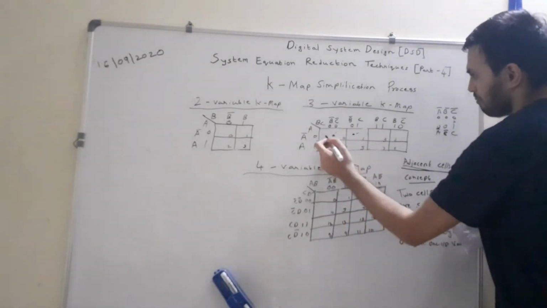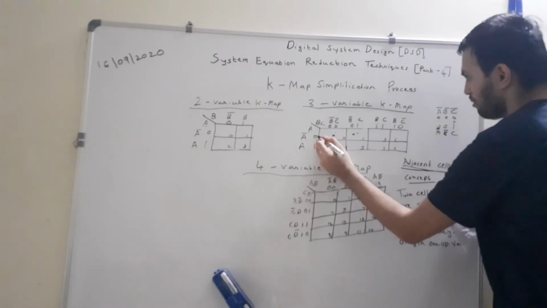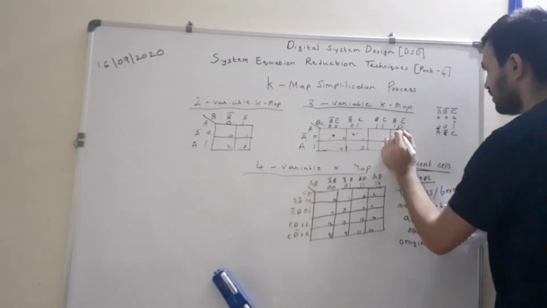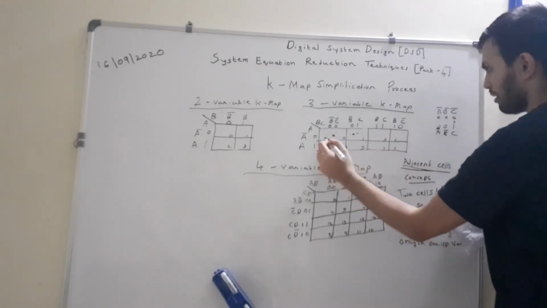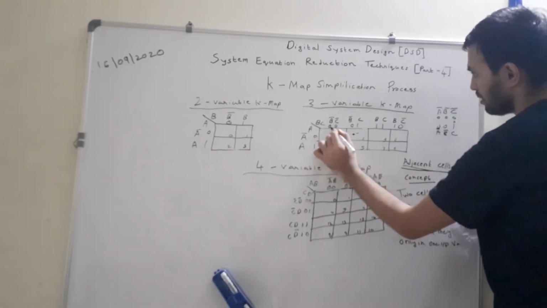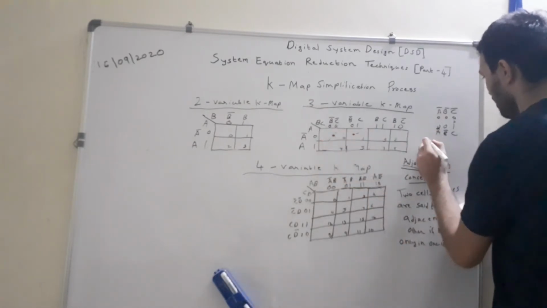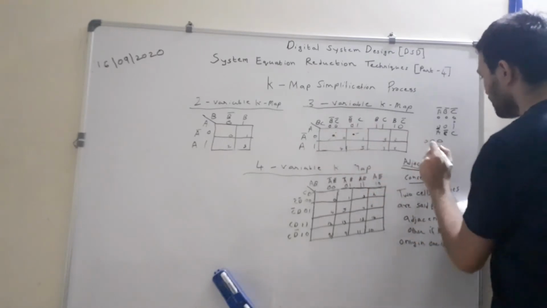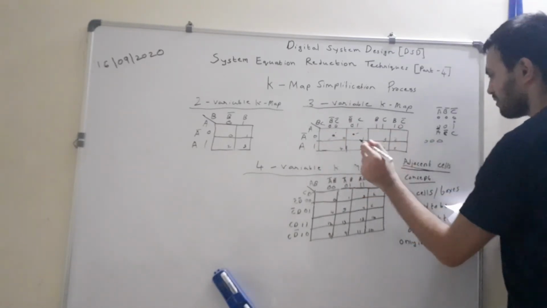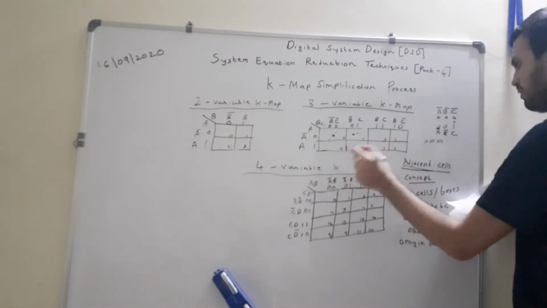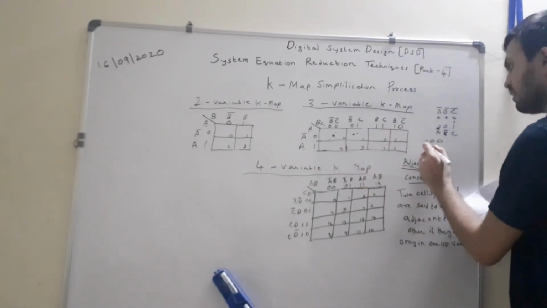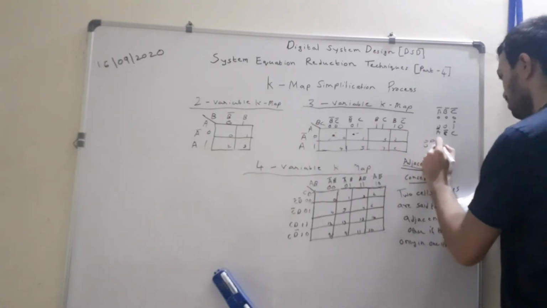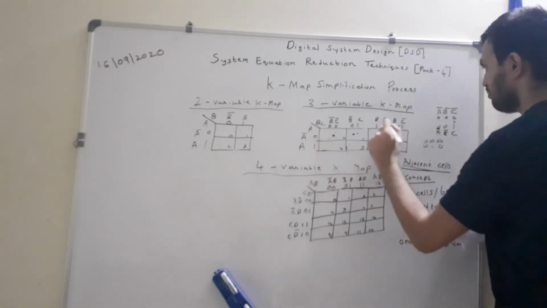Now let us compare other cells. We have 0, 0, 0, and then 0, 1, 0. I am talking about the same cell 0, 0, 0 again, and then the last cell over here, which is 0, 1, 0.